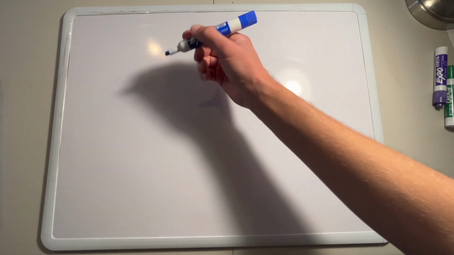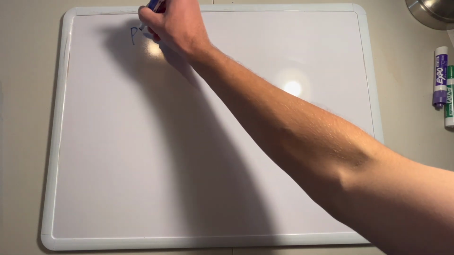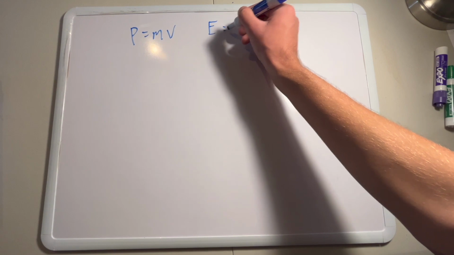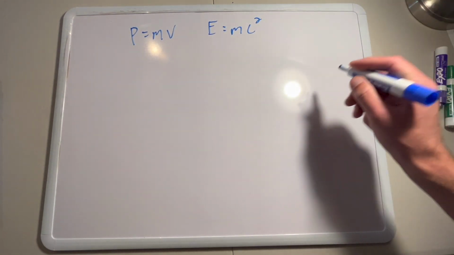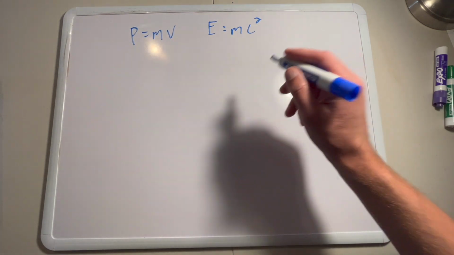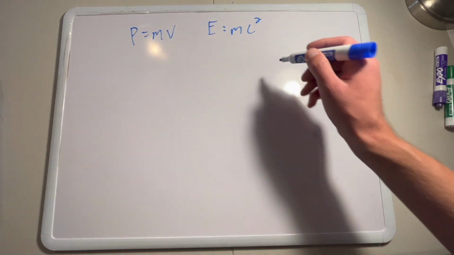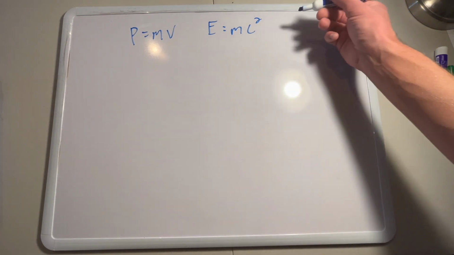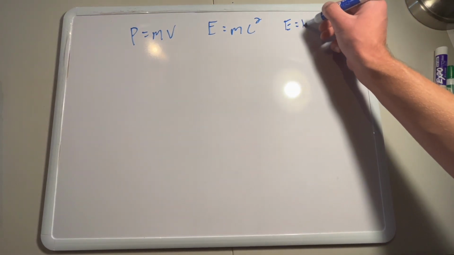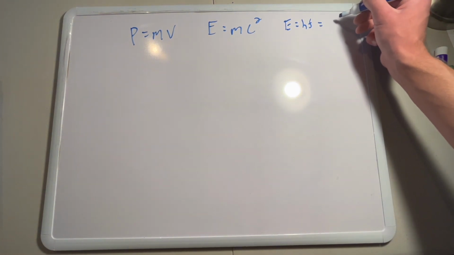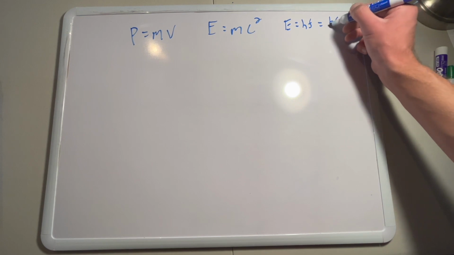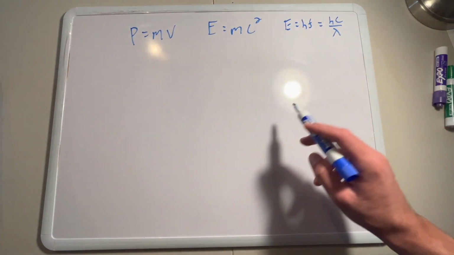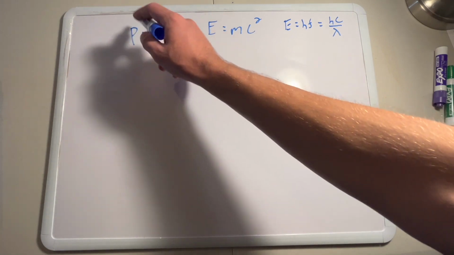What I asked you to do was to use momentum, p equals mv, and also rest mass energy, E equals mc squared, and combine those two and the equation we made for photon energy, which you can plug into there, which, just to remind you, was E equals hf, or also you could write hc over lambda, and combine all three of those and come up with an equation for photon momentum.